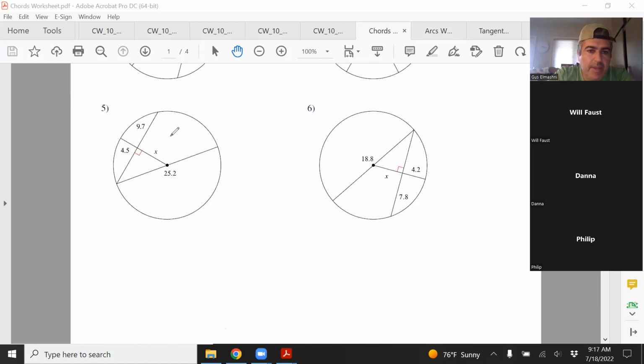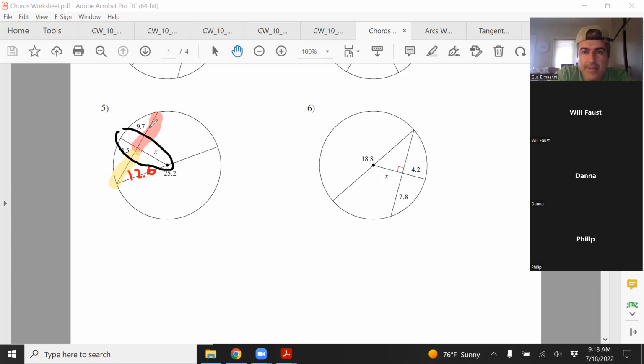For over here, if that's 25.2 is the diameter, so this is going to be 12.6 over here. That's 9.7 right here. Then that's also 9.7 right here. Because remember, the chord gets cut in half when there's a segment perpendicular to it, or when there's a segment from the center of the circle that's perpendicular, or the radius.